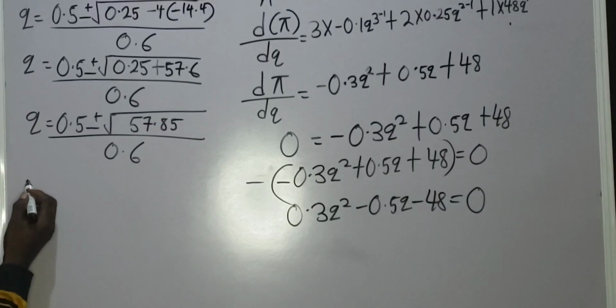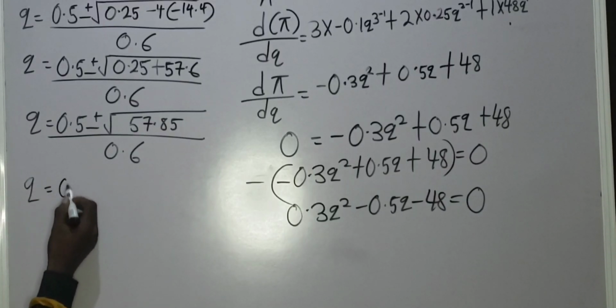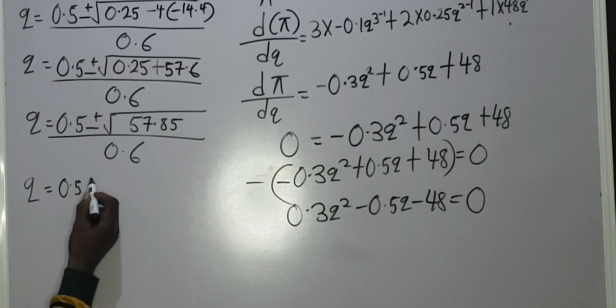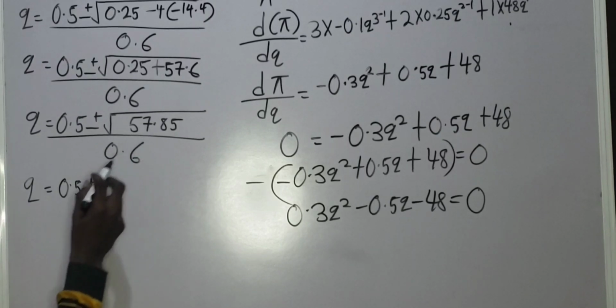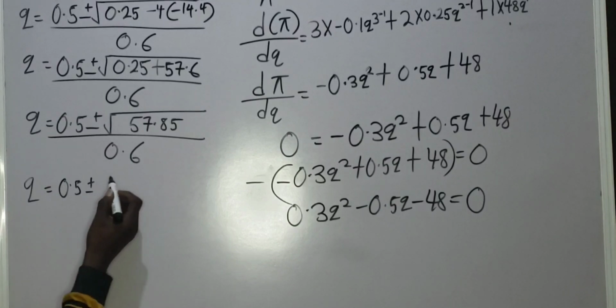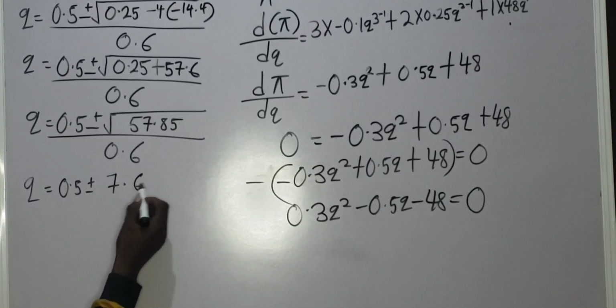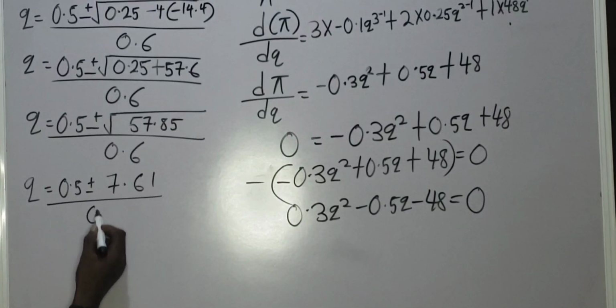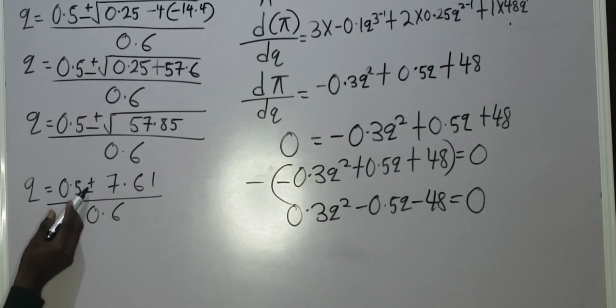Okay, let us proceed. So I'm going to have q is equal to 0.5 plus or minus, if you take the square root of 57.85, that will give us 7.61. So I'm going to have plus or minus 7.61 all over 0.6. Now I'm going to separate this plus and minus.